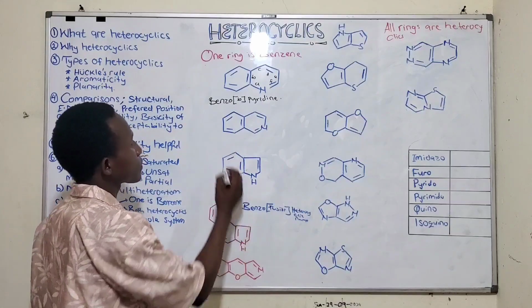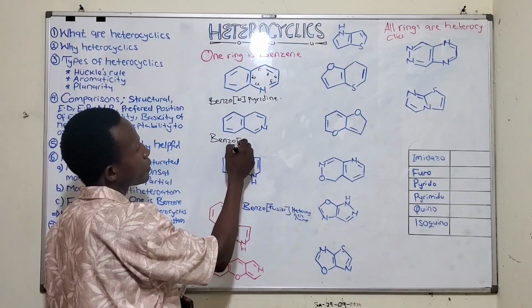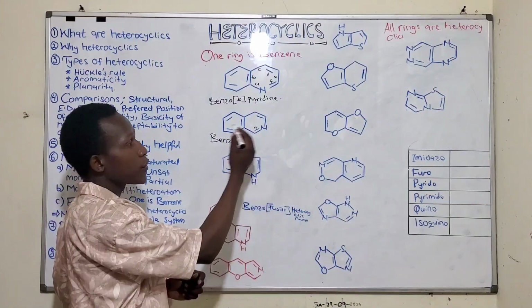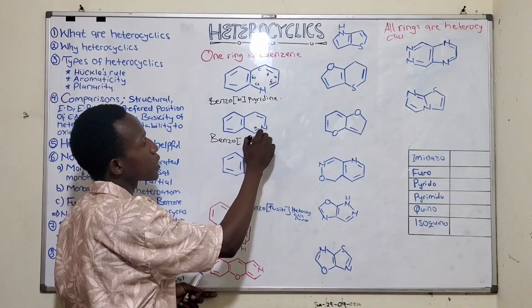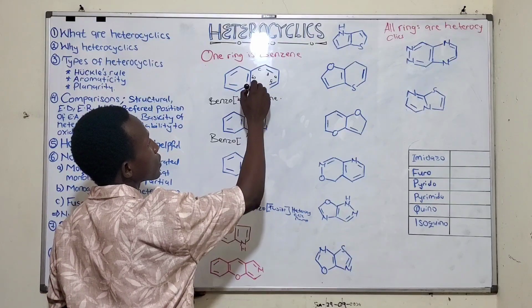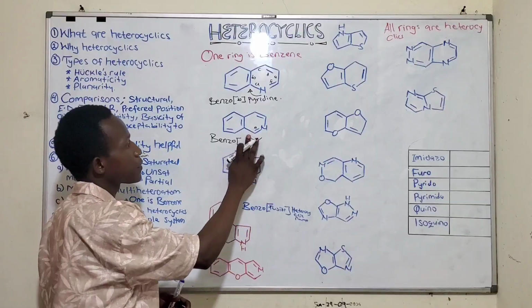For this one, it will be benzo. This is A. We label in the direction towards the fusion. So, you label towards the fusion.